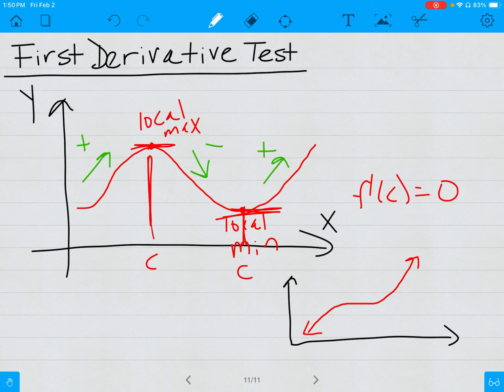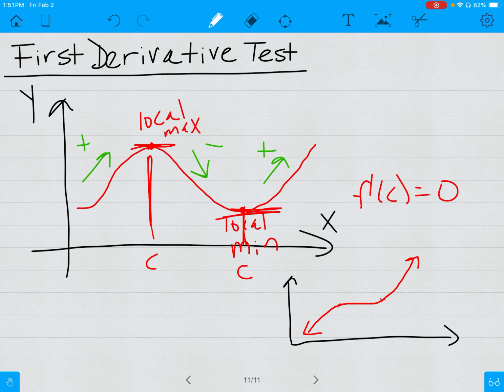So neither of these points right here, kind of those points that look sort of flattened a little bit on the graph.